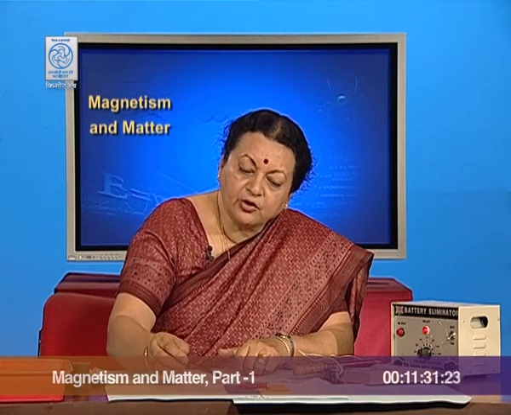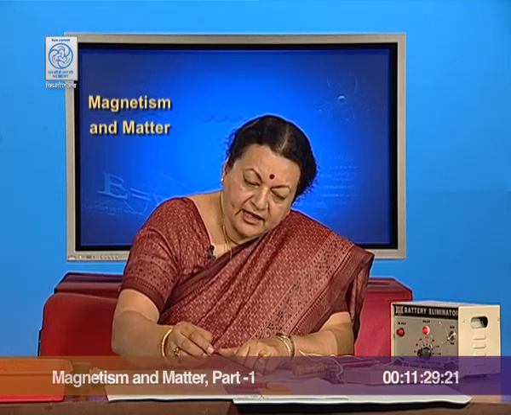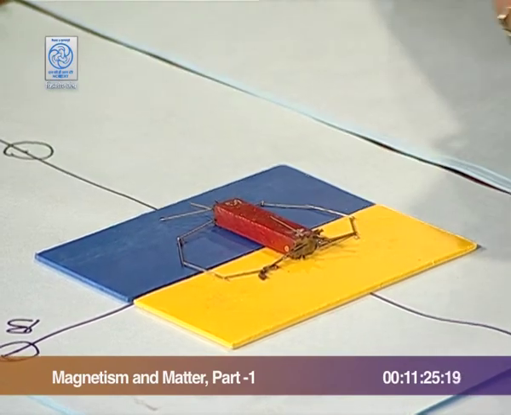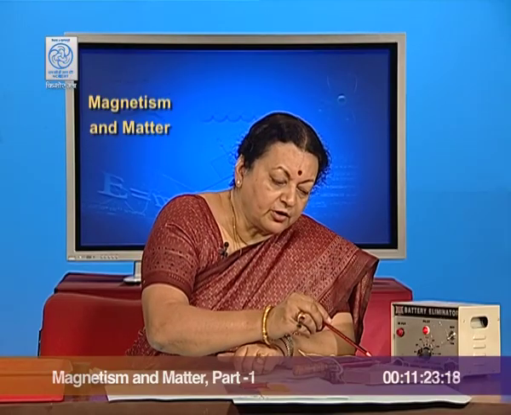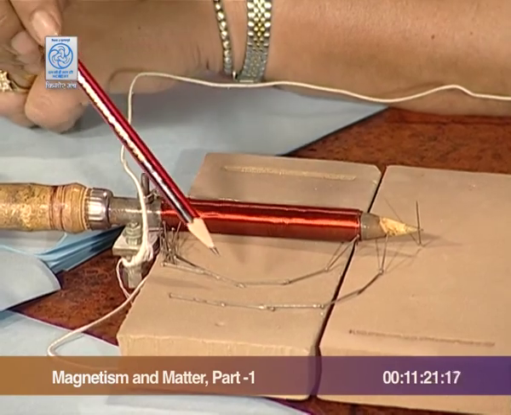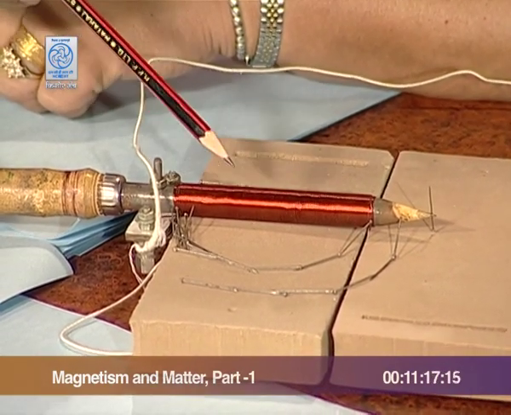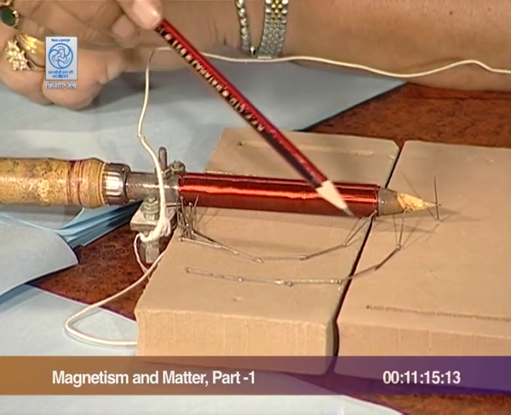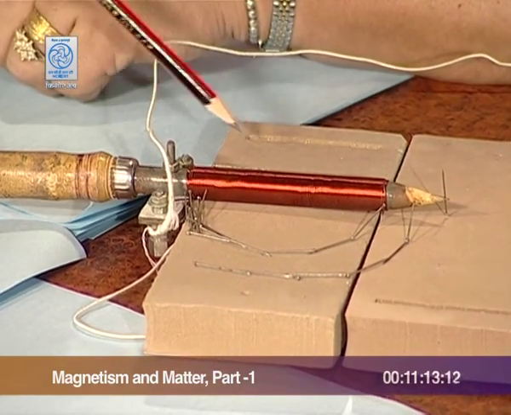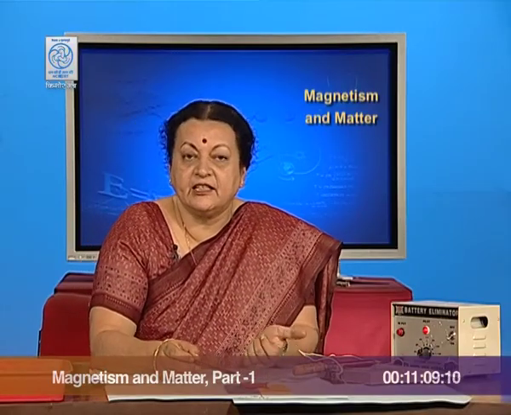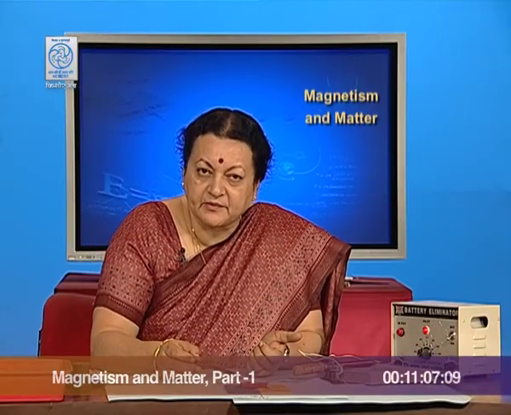These are closed loops starting here, going all the way through the magnet. In this case also, from this end of the solenoid and going all along the solenoid this way, closed loops which represent the field lines of a magnet are seen in these two, which are identical.